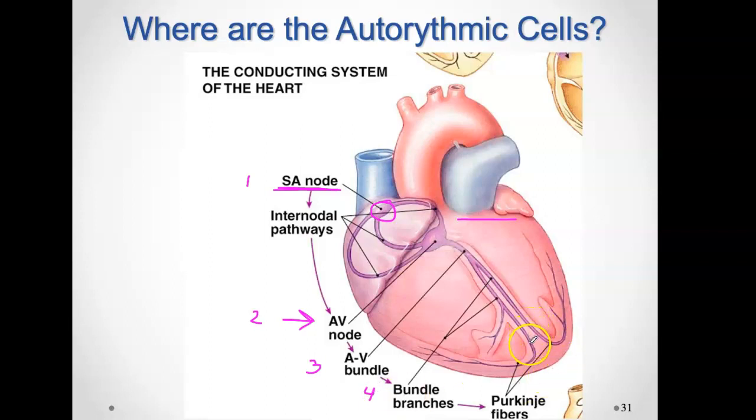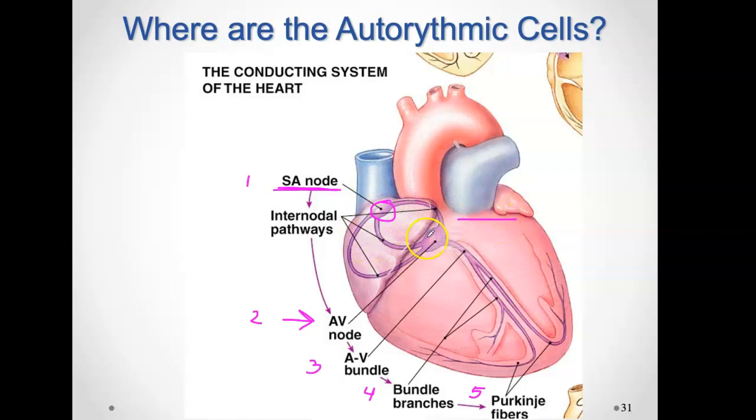And finally, in the apex of the heart, it will come back up the sides so that that action potential can really radiate through the entire ventricle and deliver an action potential and cause a contraction, correct? And so those last ones are the Purkinje fibers. And that is the pathway.